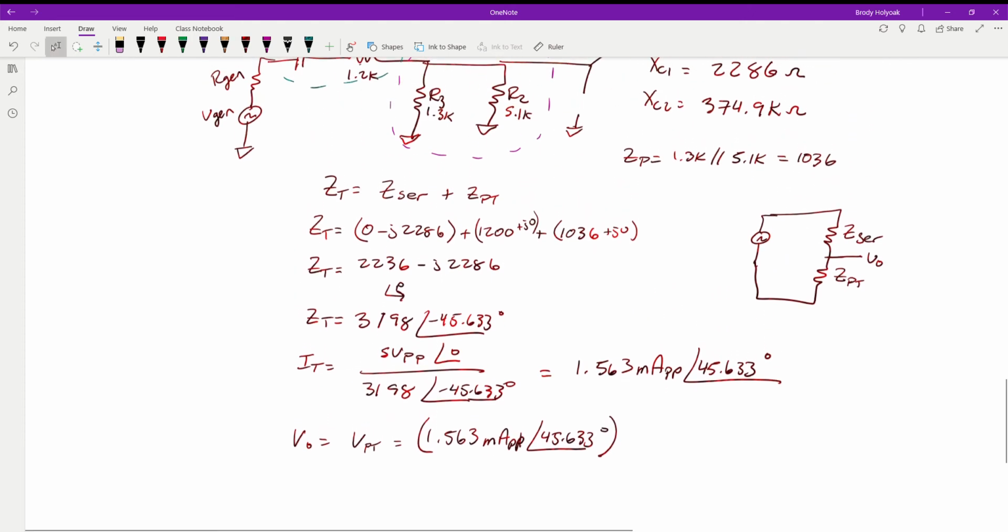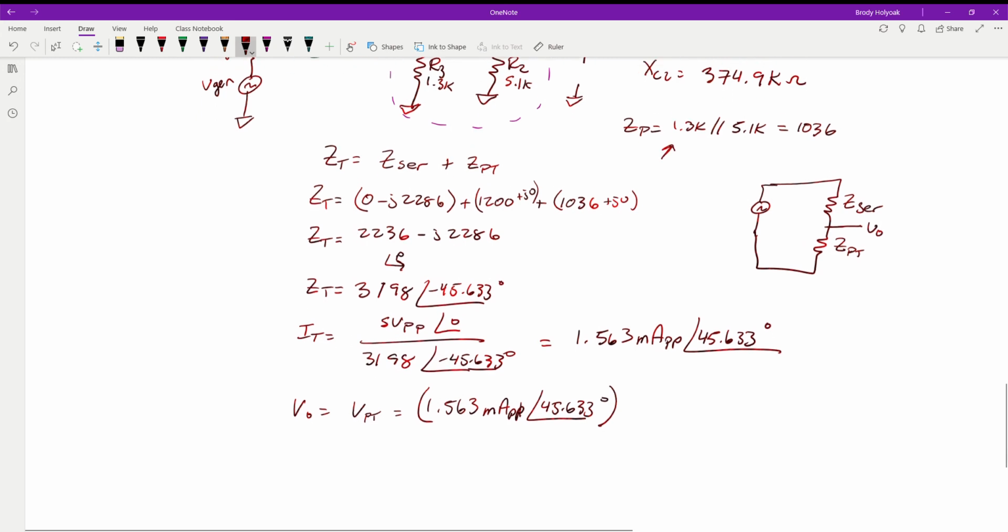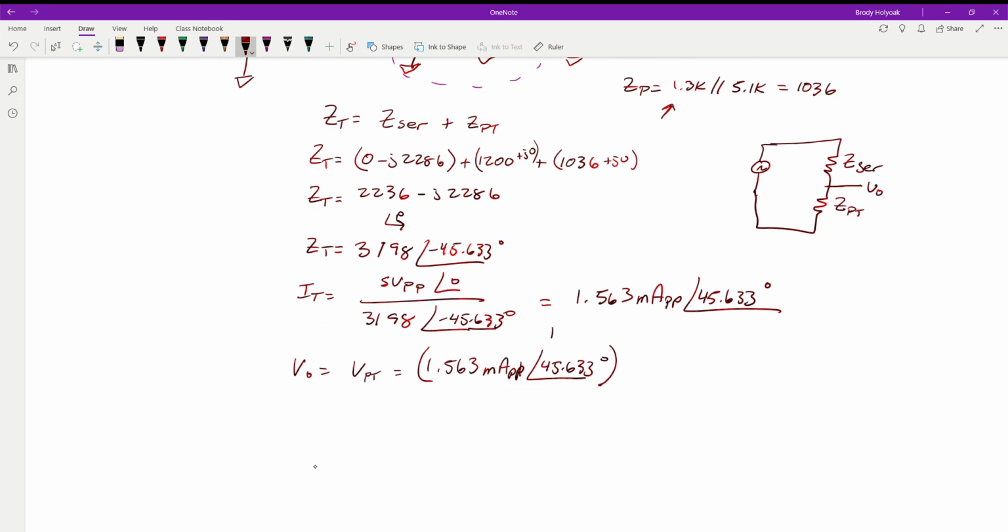Up here is our Z parallel. So we have I total times Z parallel total, which is 1036 at an angle of 0. So the voltage drop is equal to 1.619 volts peak to peak at an angle of 45 degrees.